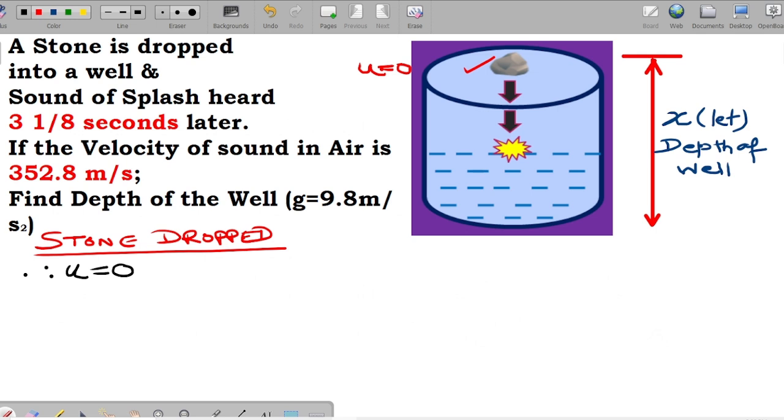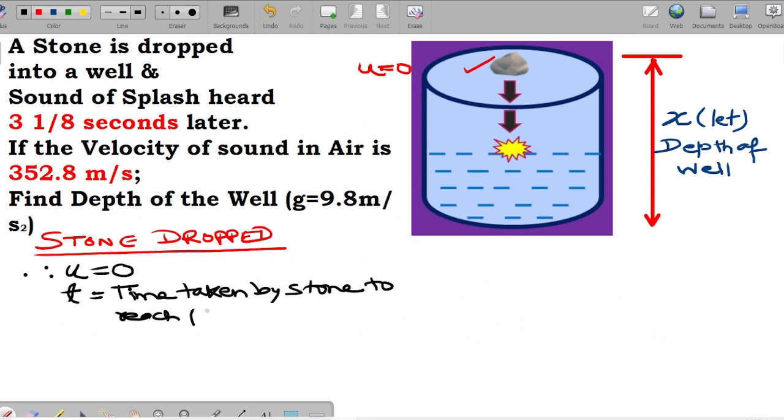One journey is when the stone is dropped from our hand and hits the water level, right? Then at the same moment the sound will be generated. Then the second journey will start, that is the journey of sound from the level of water inside the well to our ear above the well, when we are standing above the well and hearing it, right?